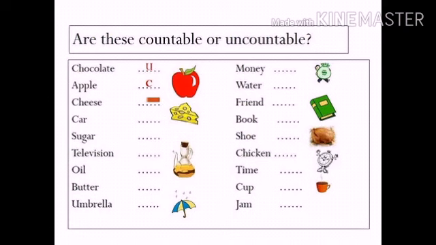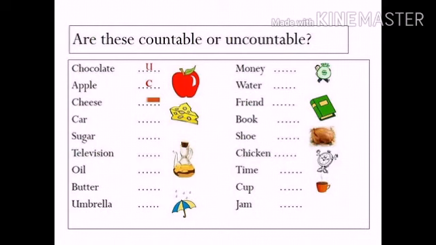Okay, wait. Who will say this? Ashish, can you tell me? What is it? Is it a countable or uncountable noun? Very good. It is a countable noun. Sugar. Nanma, tell me, what is it? It is an uncountable noun. Television. Who will say the answer?